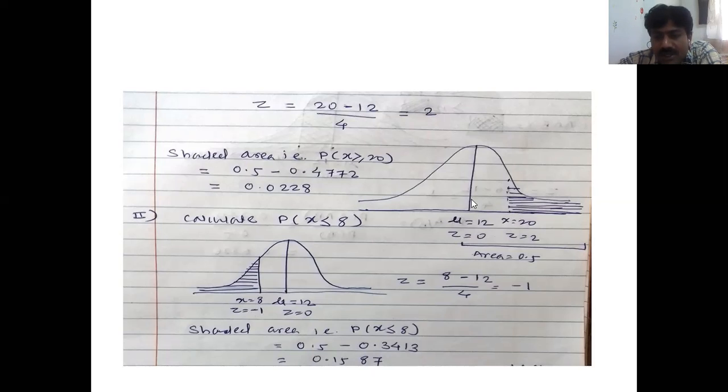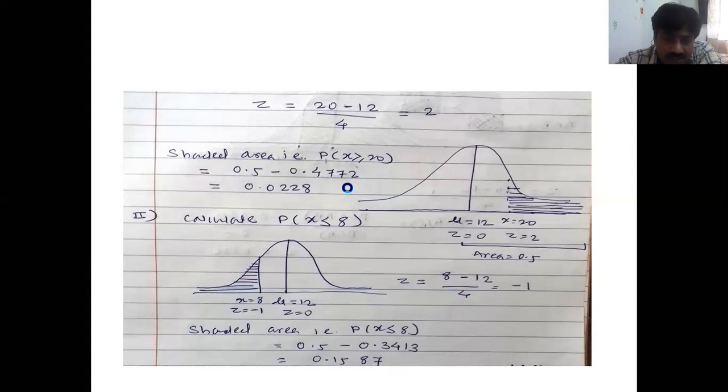So from this total area, look at the mouse pointer, this complete area from mu equal to 12 to plus infinity is 0.5, right? From this complete area 0.5, we are removing the non-shaded portion, from x equal to 12 to x equal to 20, that is 0.4772.